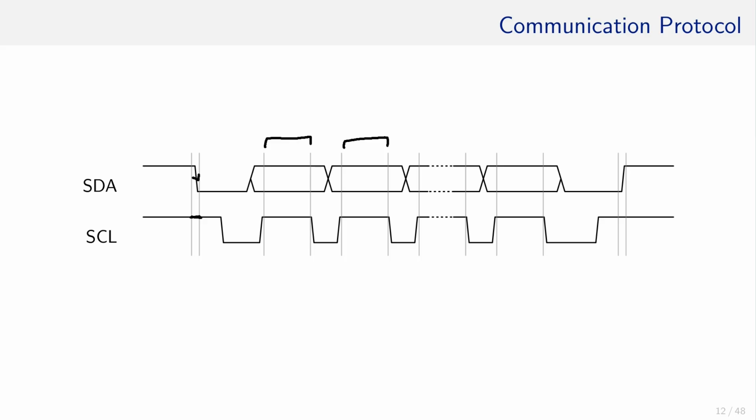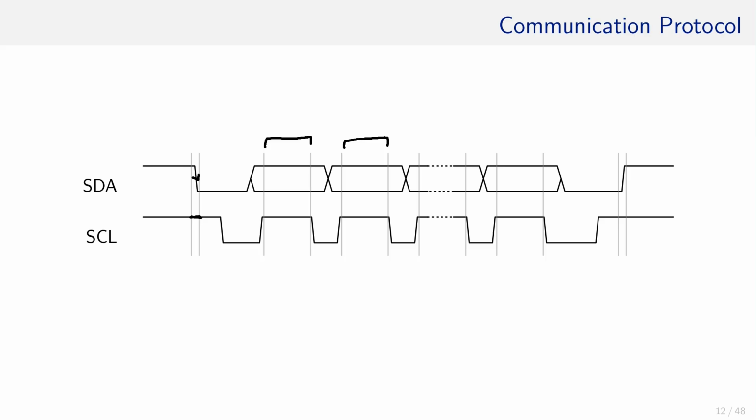That is not allowed, since the data is sampled when SCL is high, and therefore SDA must not change. However, this special condition of start of transfer is detected by all participants of the bus, and they get ready to receive the data from the initiating master.